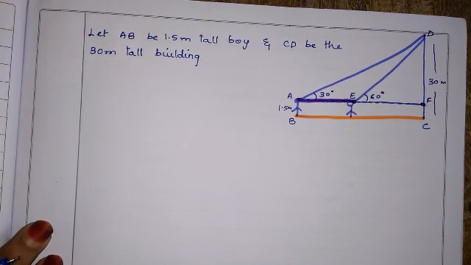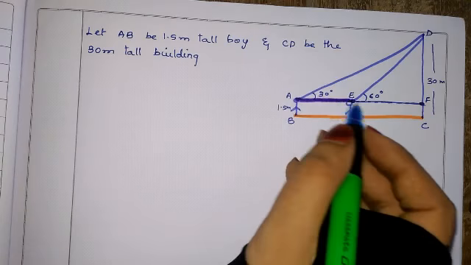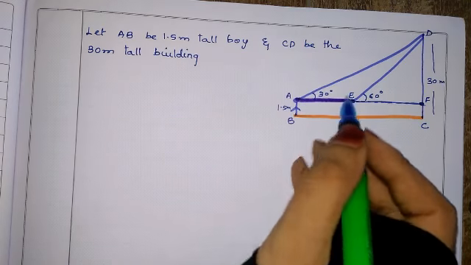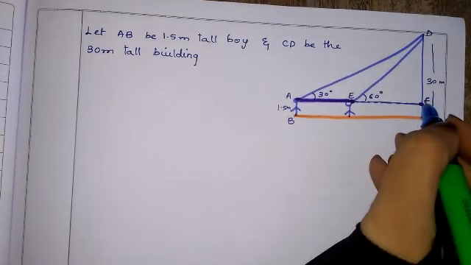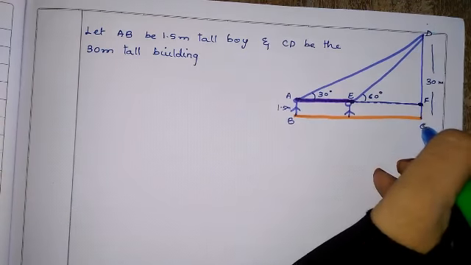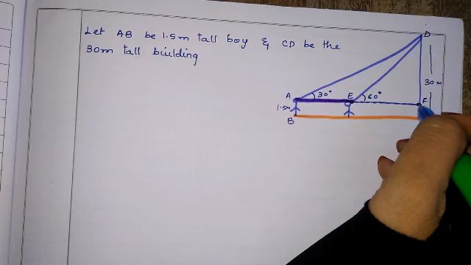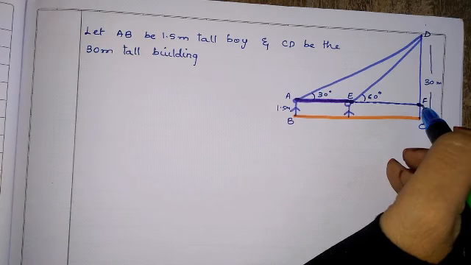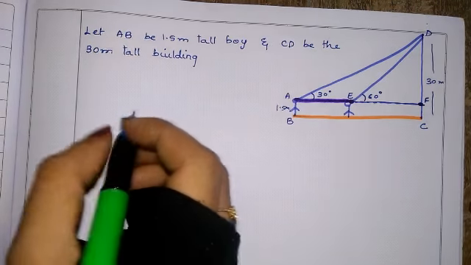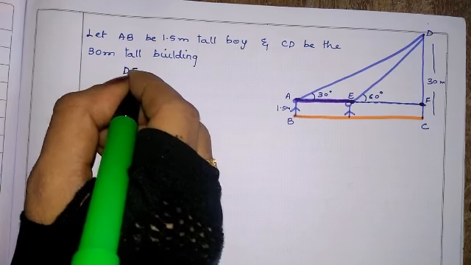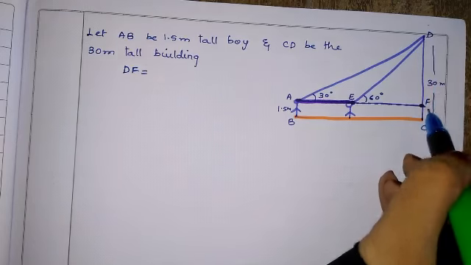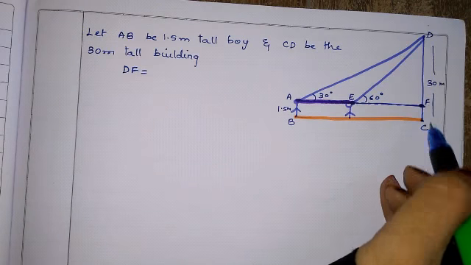Now we need AE, and we can see 2 triangles here, but we don't want the full CD because CD doesn't come in the right angle triangle. We want DF. How will we get DF? DF is equal to CD minus CF.